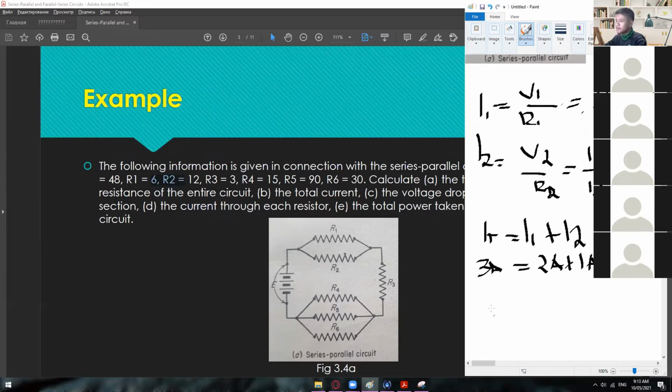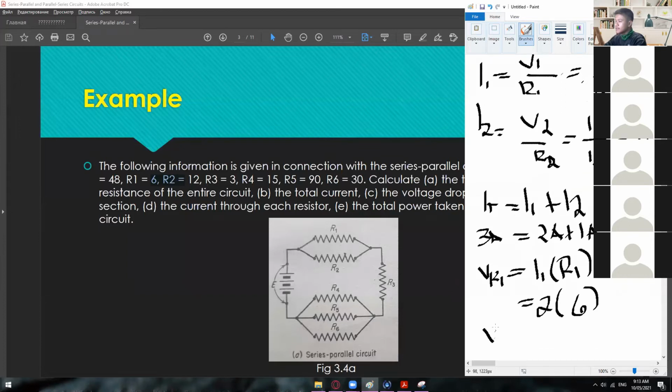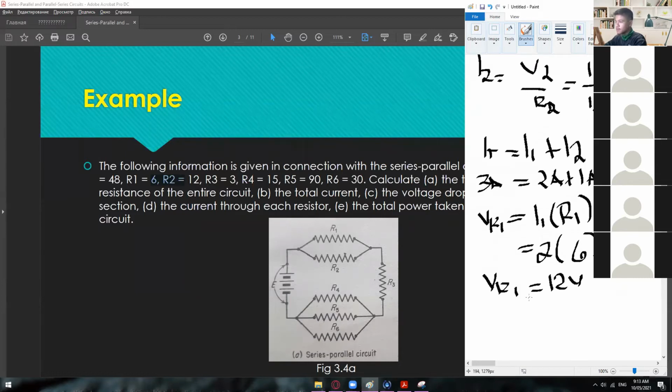So kapag kukunin natin mismo yung VR1 or yung voltage drop across R1, we have I1 times R1, wherein I1 is 2 amps times R1 is 6. So you will get 12 volts. That's the voltage drop across R1.